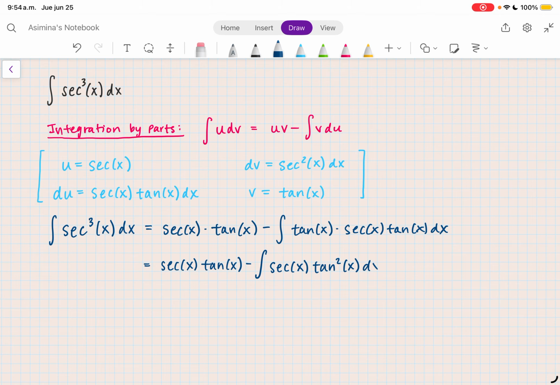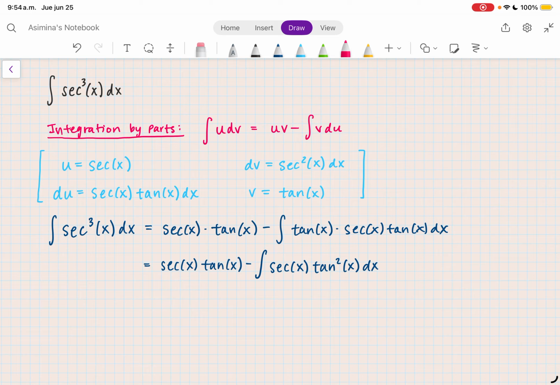Okay, so before I start to deal with this new integral we have now, the integral of secant x tan squared x dx, I'm going to rewrite this using a trig identity. Now, what trig identity do you think I can use here? What do we know about tan squared of x?